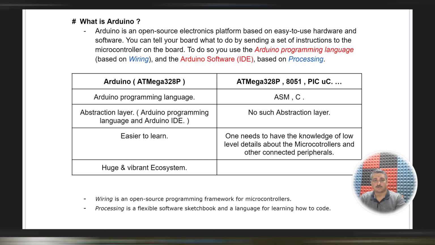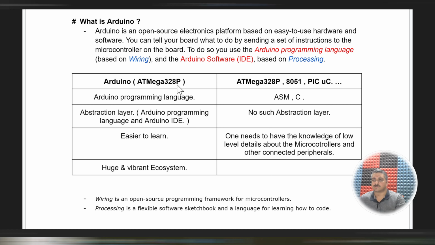Now I'll talk about the difference between Arduino programming and the other traditional way of microcontroller programming. You can see here I have shown two different columns. In the first column I have written Arduino, which internally uses this Atmega 328P processor by Atmel previously.